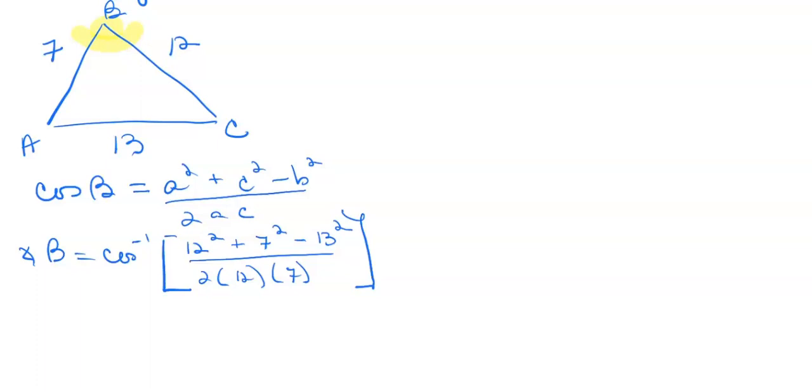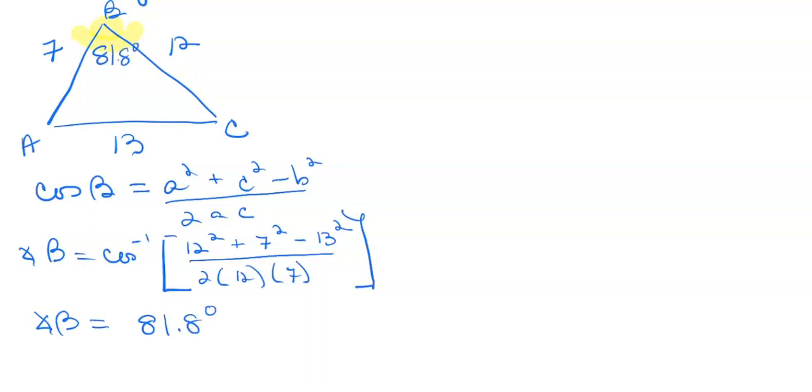Now move to your denominator. I have 2 times 12 times 7. Okay, move up, close your parentheses on that fraction, and hit enter. That will give you your angle, and rounded to the nearest tenth, you should have gotten 81.8 degrees. Okay, that's angle B, 81.8 degrees.